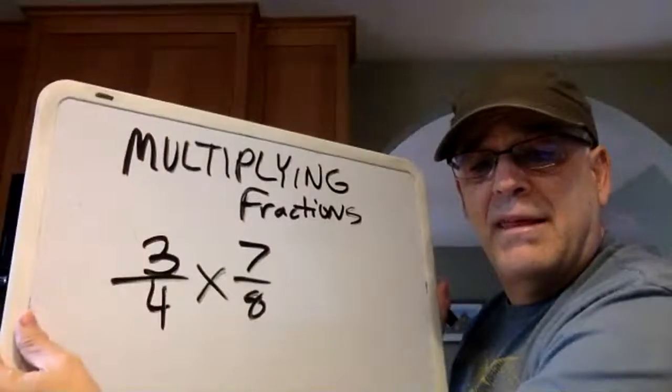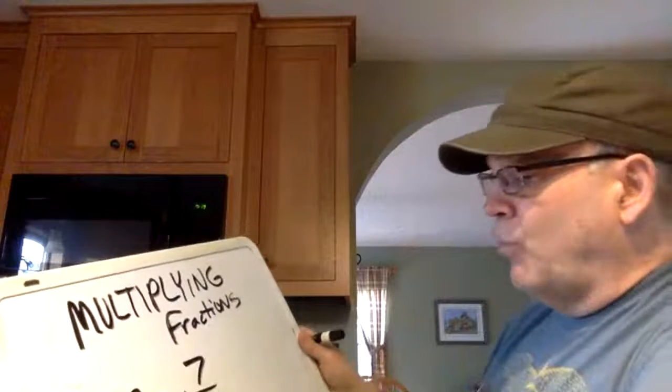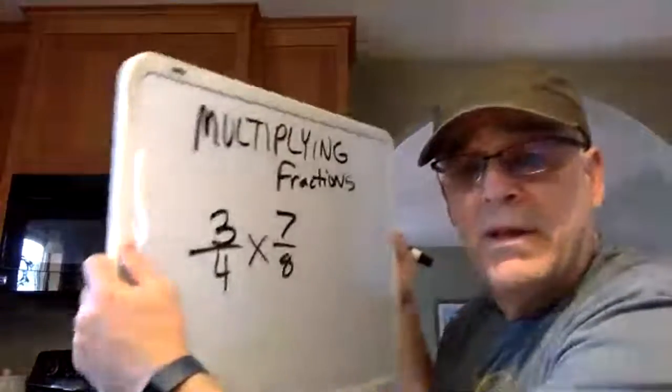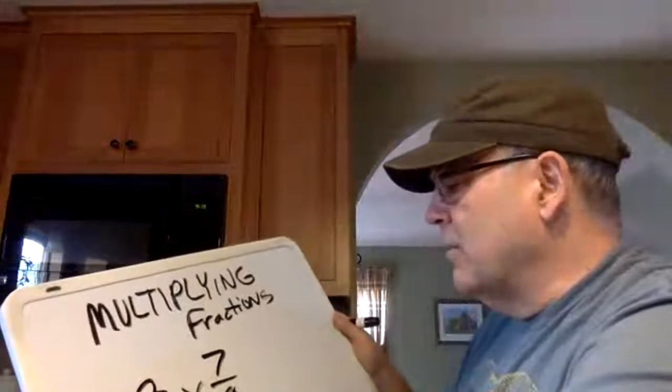Is there anything in common between the 3 and the 8, a common multiple, other than themselves? The answer is no. Is there anything common between 4 and 7? The answer is no. If there was, you could cross cancel by that common divisor, but there isn't.